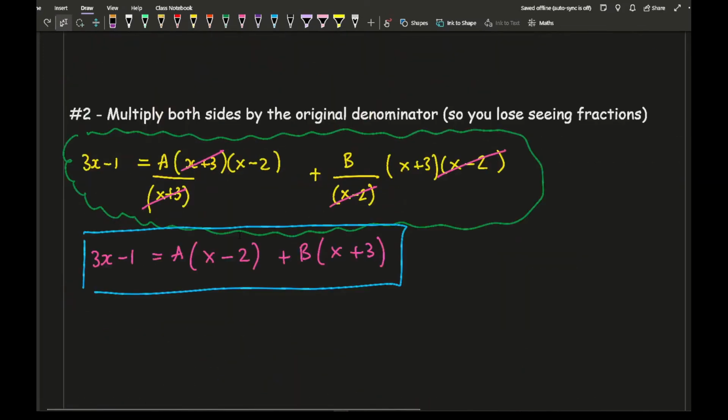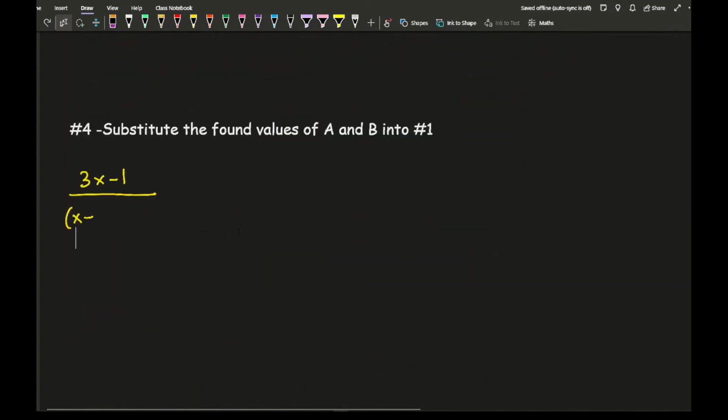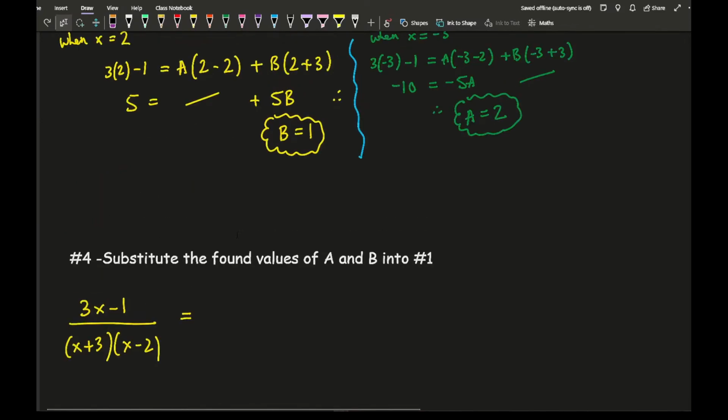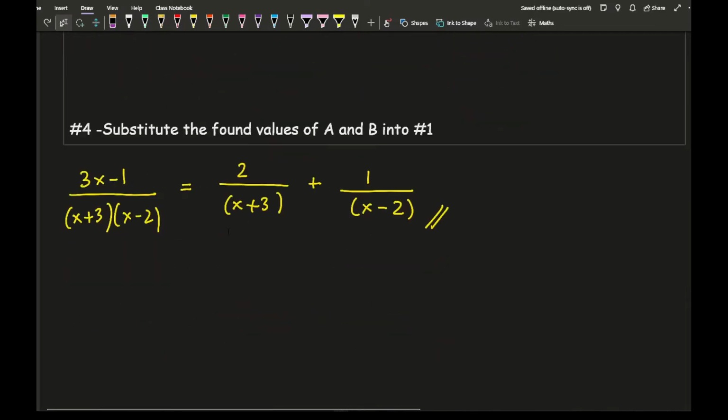So it was x plus 3 times x minus 2, so let's scroll down. x plus 3 x minus 2 is equal to, and a, which was 2, so it's going to be 2 over x plus 3 plus 1 over x minus 2, and there is my final answer.